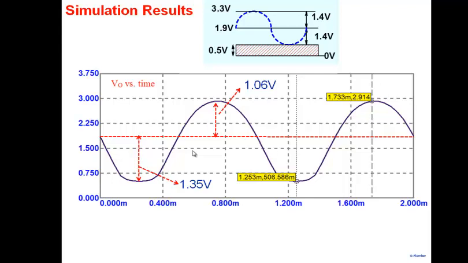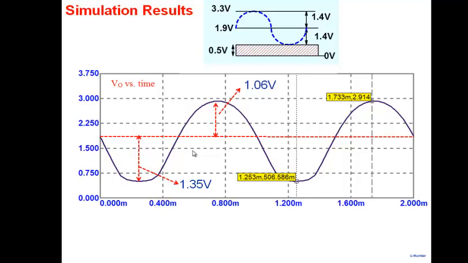But the gate to source voltage is also changing, as you're rightly saying. So this shaded region is also a little bit increasing and decreasing. But that's not too much. But the major problem is, I would have expected this to go to 1.4, and if this is 1.35, the other side only goes to 1.06.